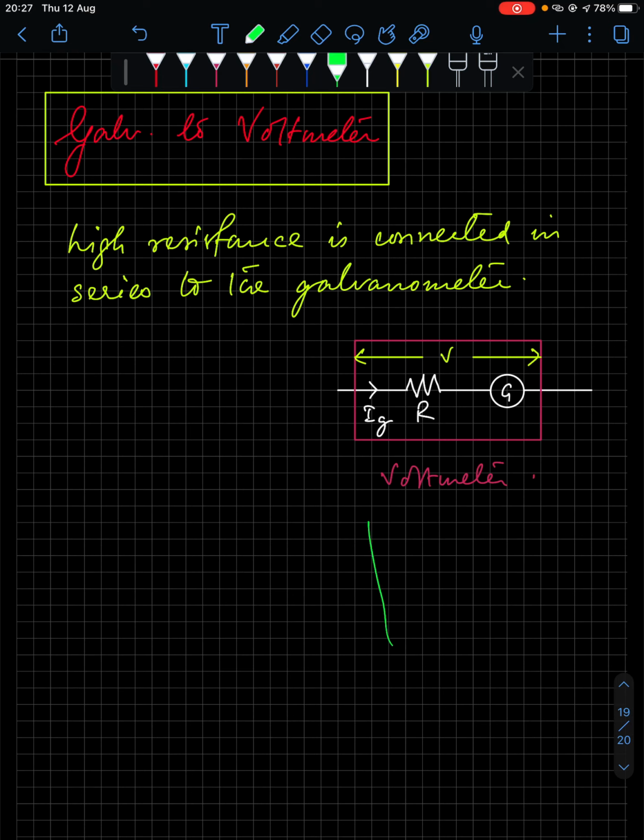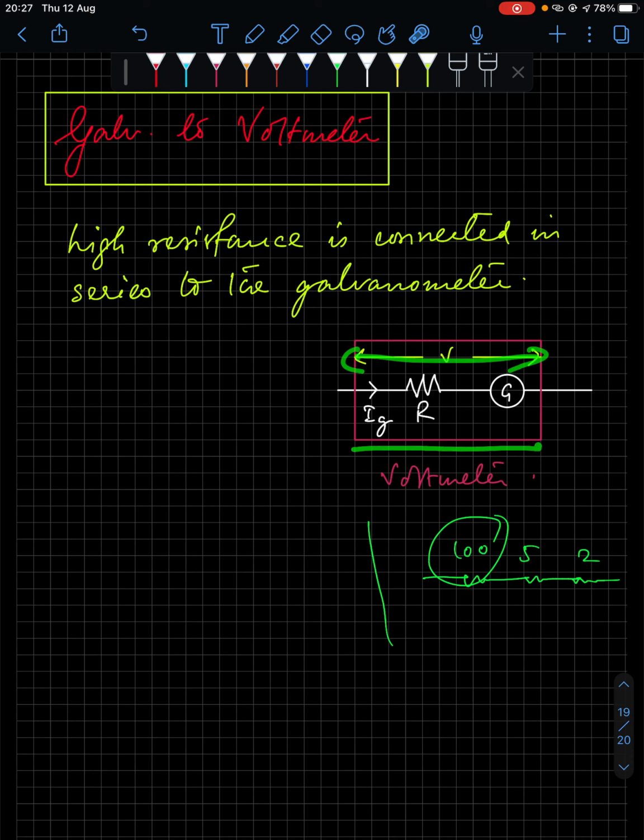In a series connection, the equivalent resistance is higher than the highest resistance. Say this is 100, this is 5, this is 2, then equivalent is 107, which is higher than the highest, which is 100 here.